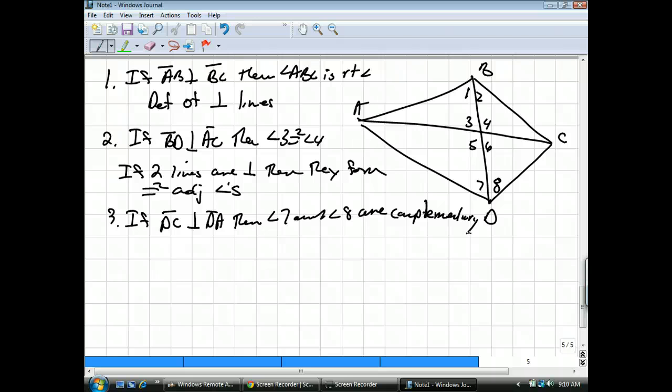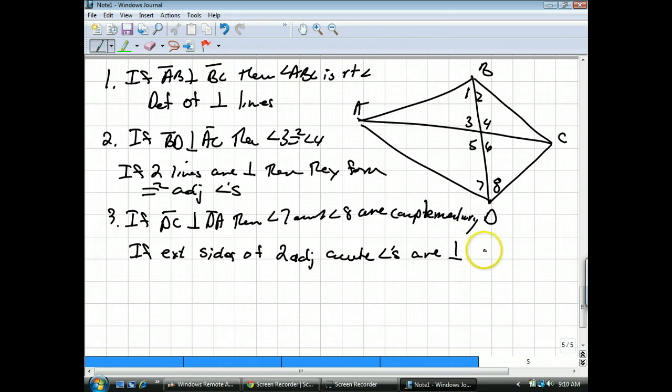And the thing that allows me to say that is the theorem that says if exterior sides of two adjacent acute angles are perpendicular, then the angles are complementary. Okay?